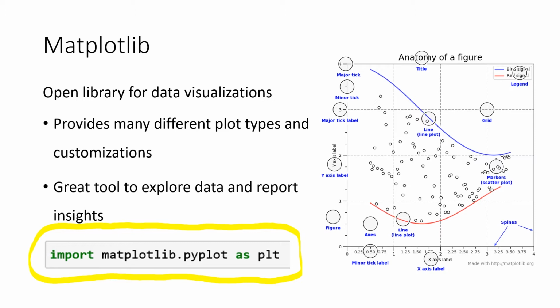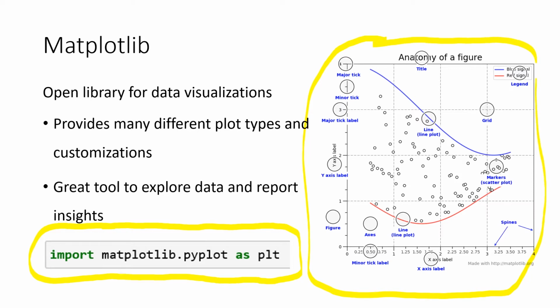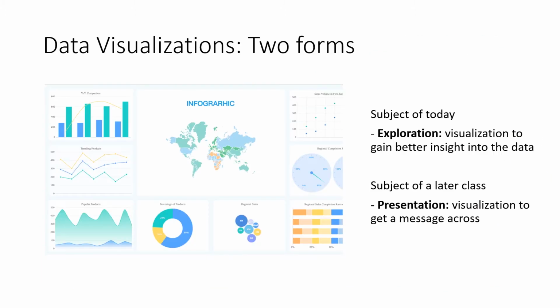So every time we write plt, Python knows that we want to access the library of Matplotlib. And here on the right-hand side, you can already see what different things you could do with a chart. We don't learn everything today, but as you know, you can look up many other things later on.